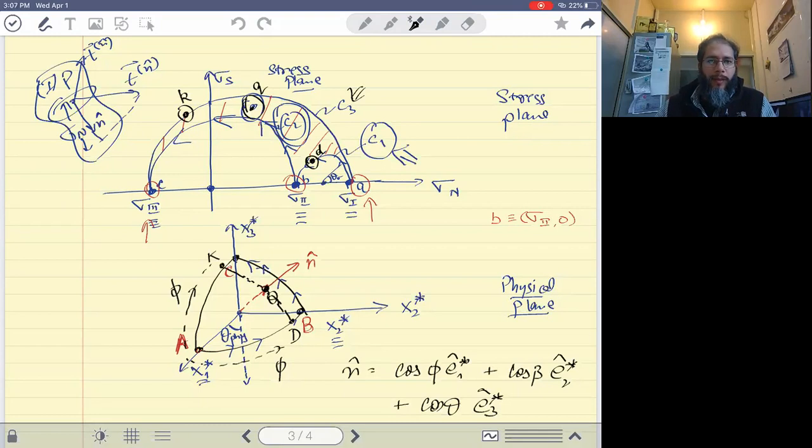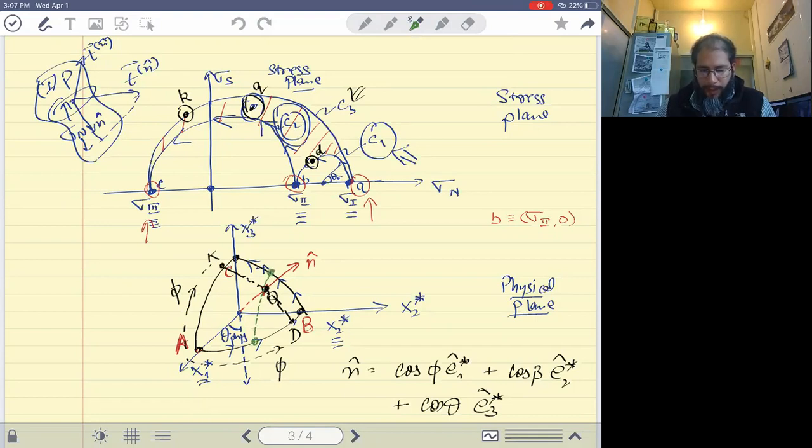And then you can also form a plane. I mean, you can keep one of the other angles constant. So let's say you keep the angle that it makes with x2 star, that's beta. You keep beta constant, then you get this green curve, which goes from some point on AB to some point on BC.